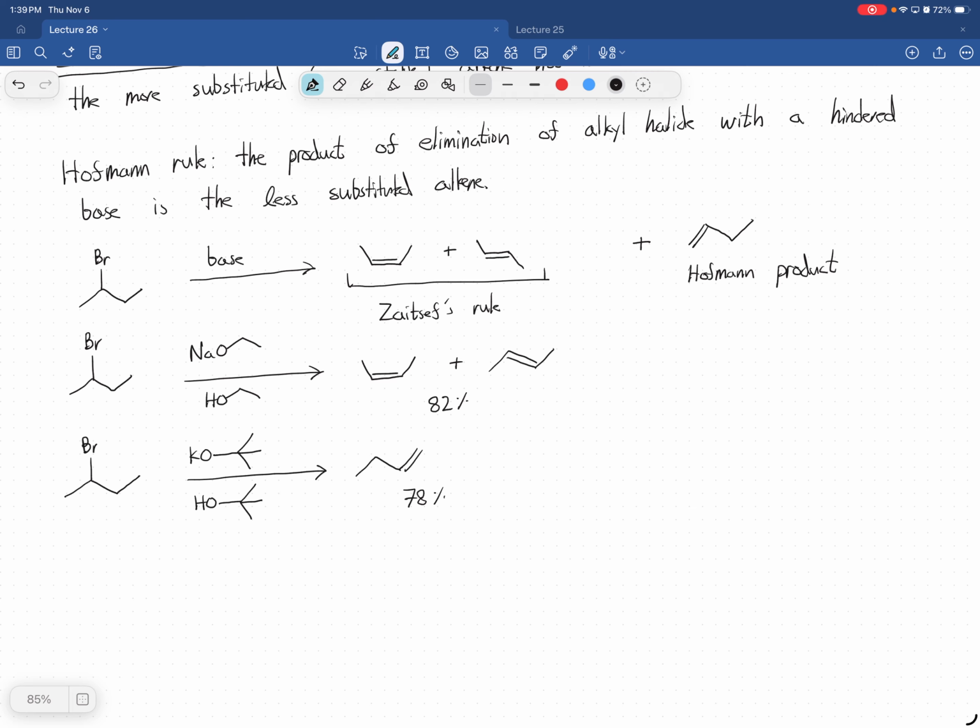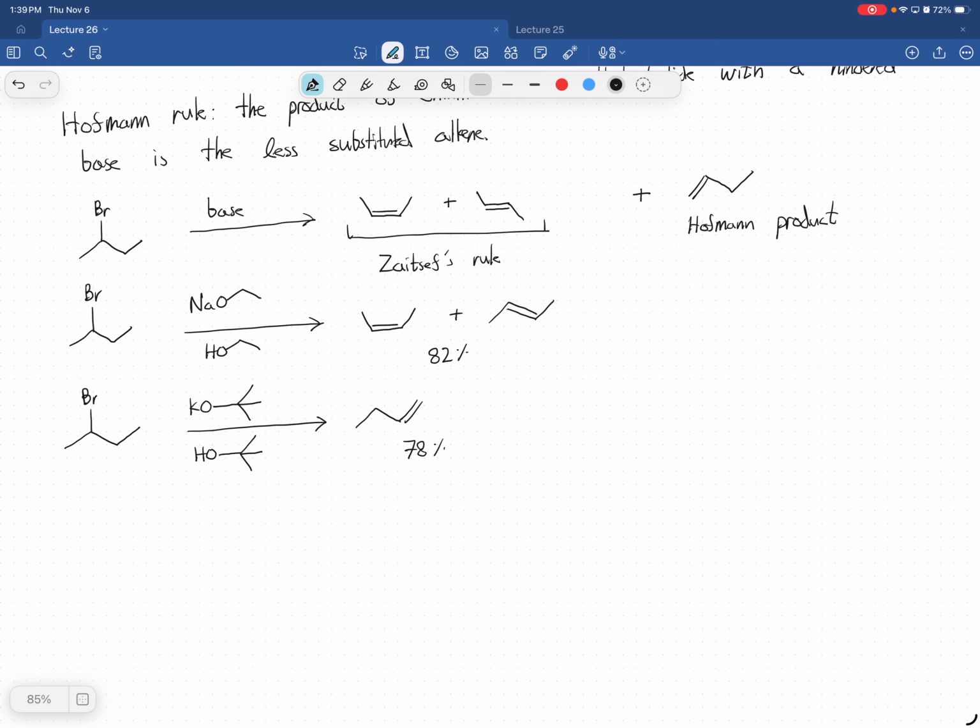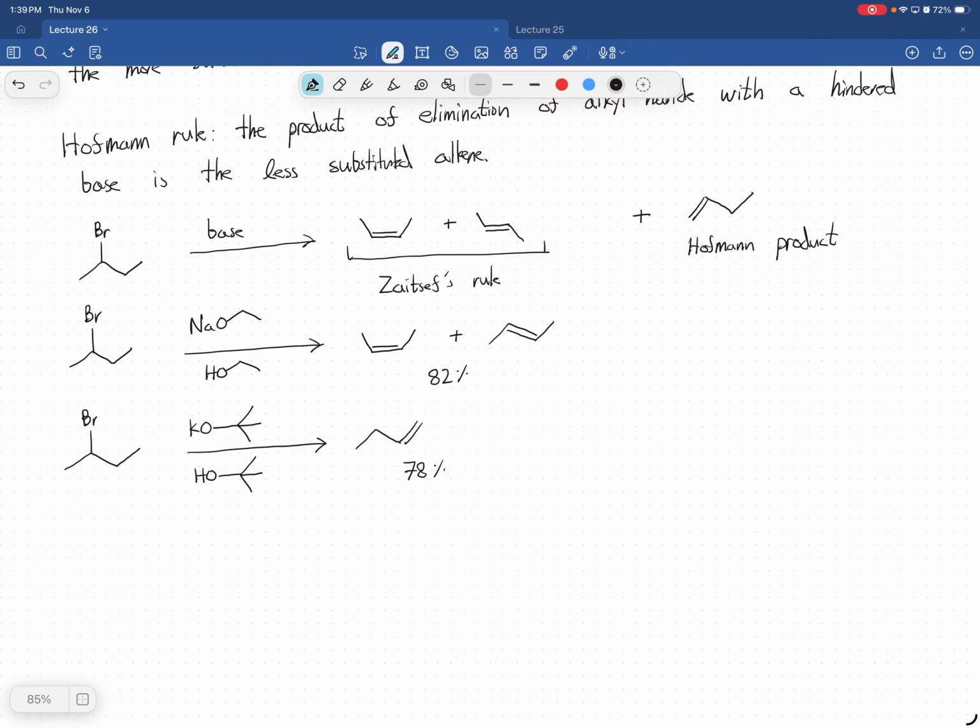And the other percent is probably the other isomer or some other byproducts, but you don't have to worry about that, okay? So that's how we can predominantly favor one alkene over the other. If you need a terminal alkene, you want to use a hindered base. If you want an internal alkene, you're going to use a not hindered base, like sodium ethoxide.